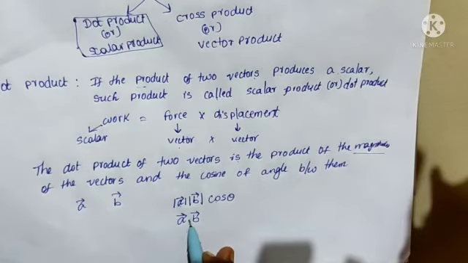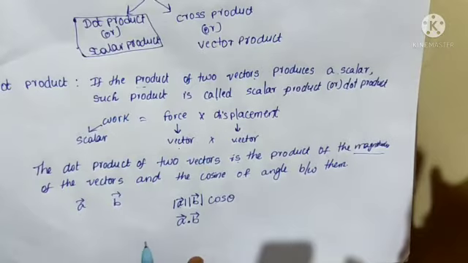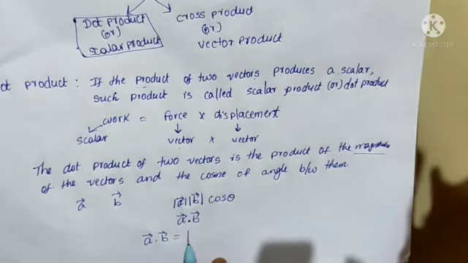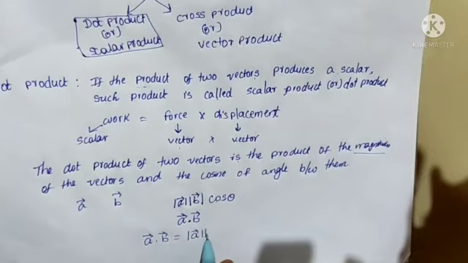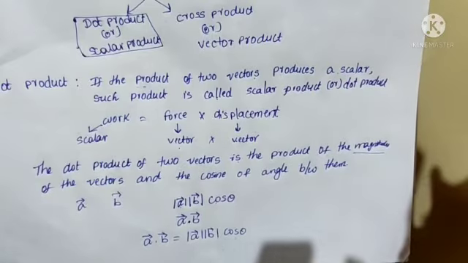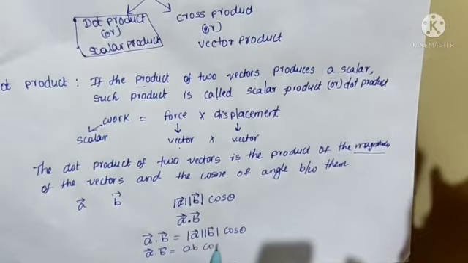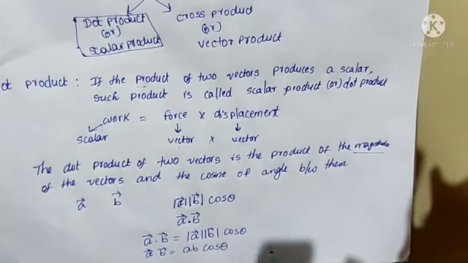So cos theta is replaced by the dot when writing in vector form. So a bar dot b bar equals modulus of a bar into modulus of b bar cos theta. This is the representation of dot product or scalar product. Modulus of a bar and modulus of b bar we can write like ab.